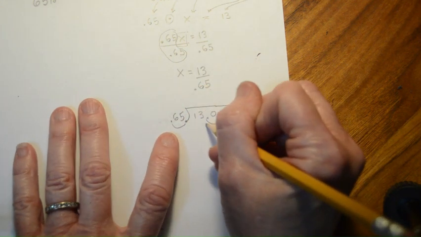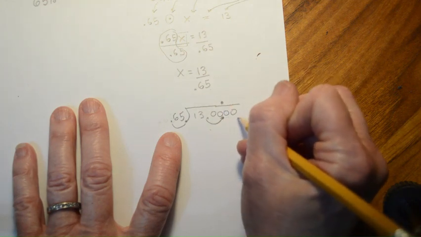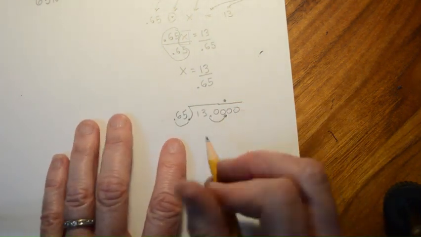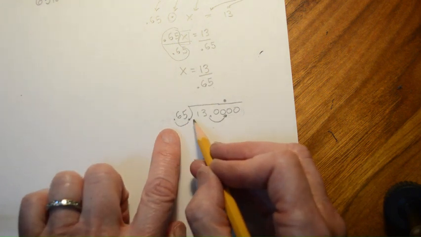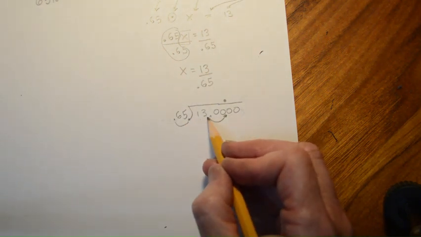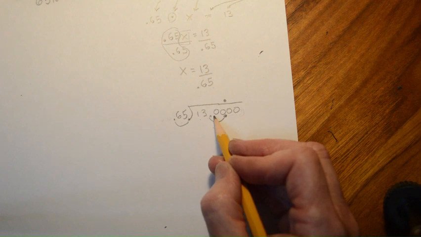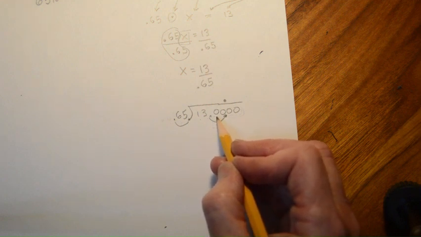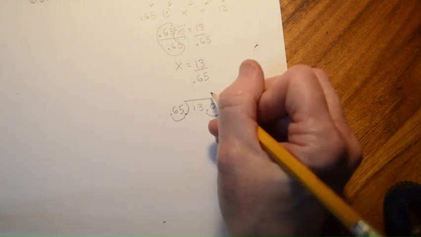I need the 2 in order to move the decimal point over. I might need these 2, I might not, so I just usually put them there, and sometimes I don't need them and sometimes I do. All right, so 65 does not go into 13. It does go into 130, I think 2 times.